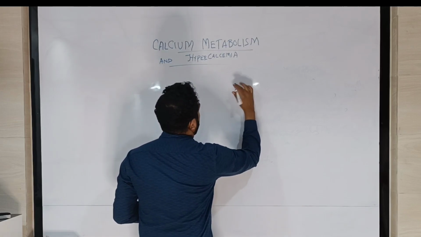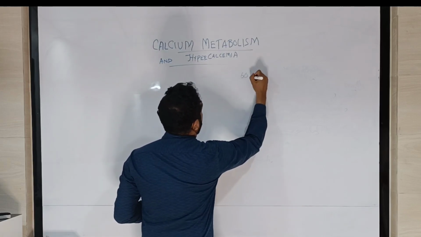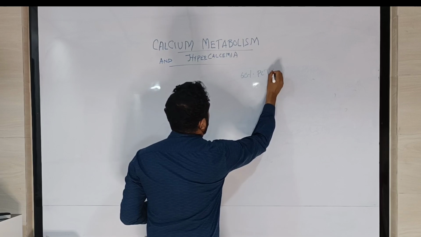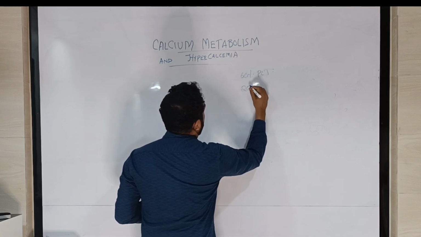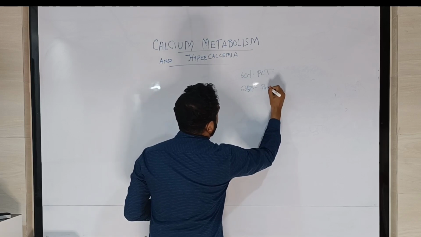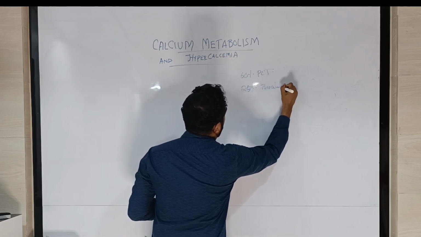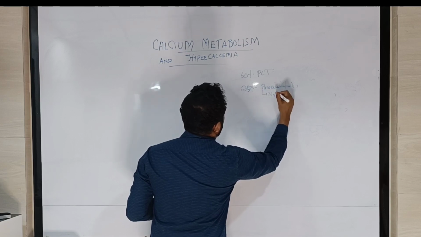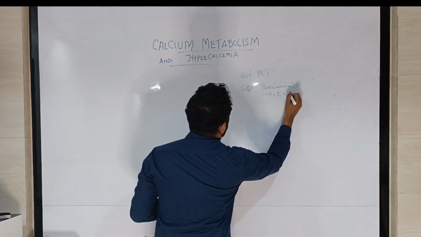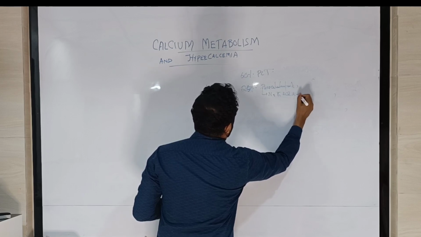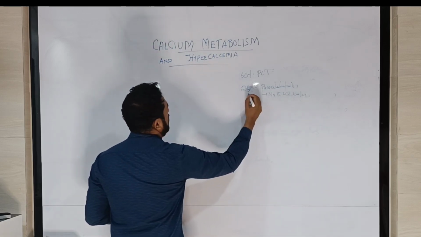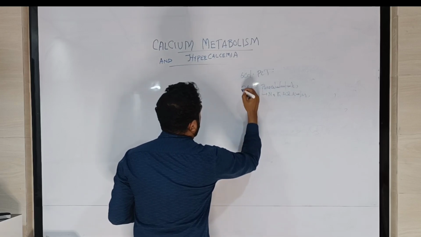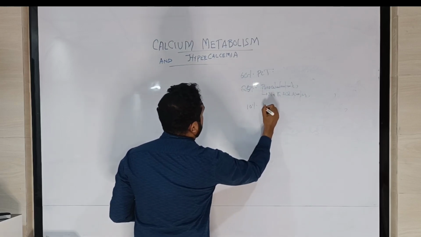So 60% in the proximal convoluted tubule, almost 25% in the paracellular pathway, which is present in the sodium, potassium, 2 chloride cotransporter, important. And the remaining 10% is in the DCT.